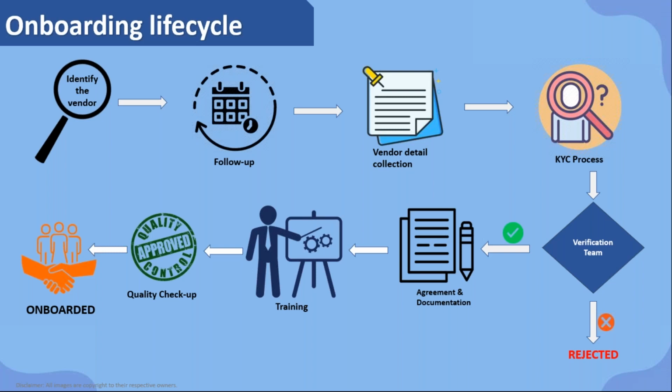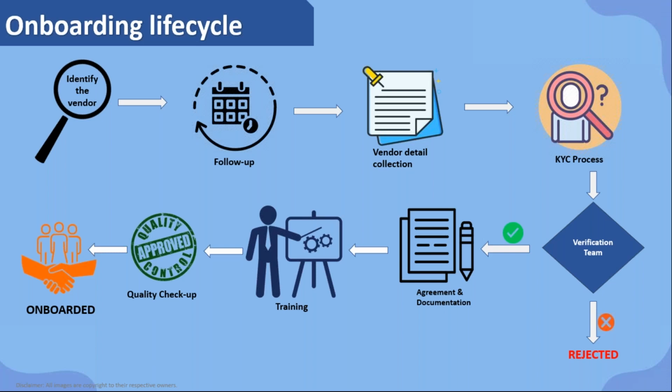Then the onboarding team will follow up with those specific vendors to get onboarded and partnered with you. The next set of actions is for the sales team, who will capture the details of the vendor, that is the demographic details, where exactly they are located, what exactly product they serve, and all that.